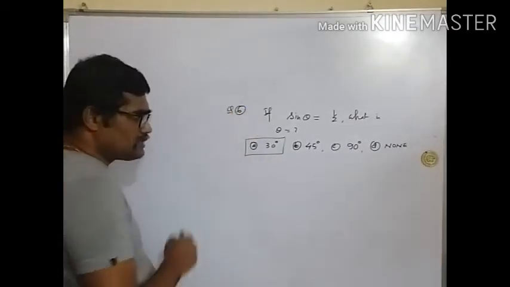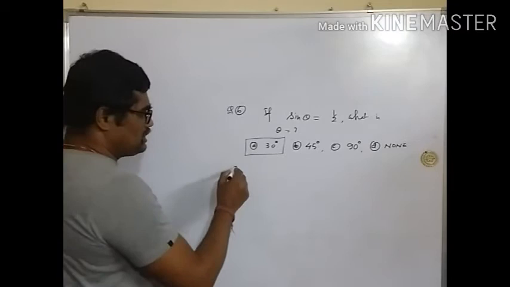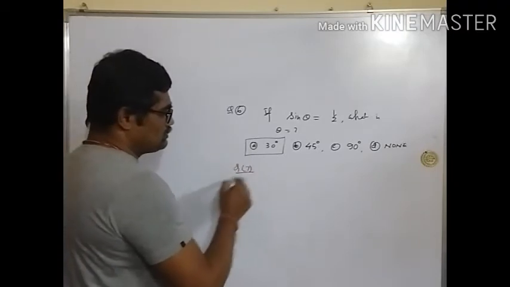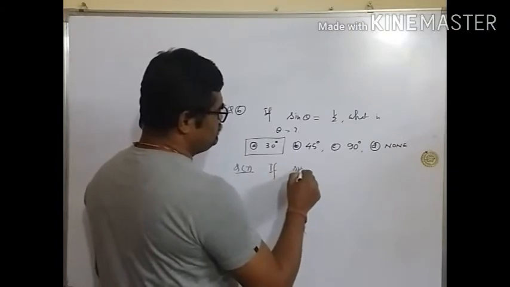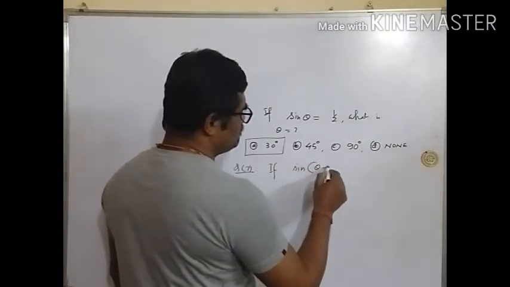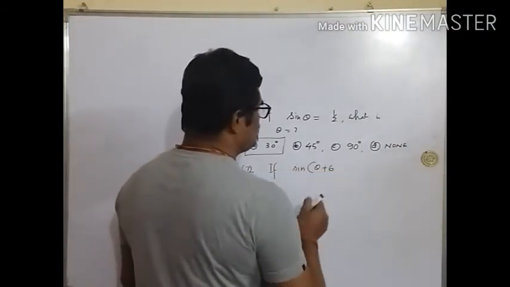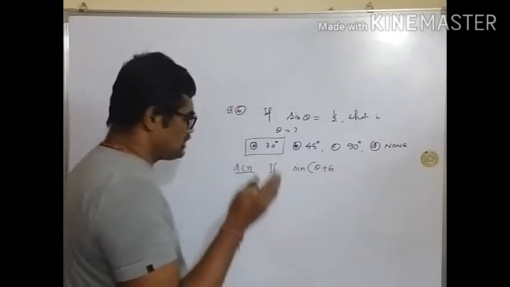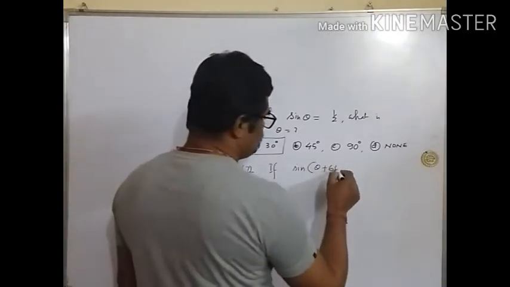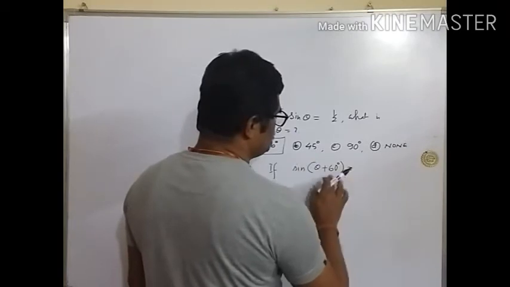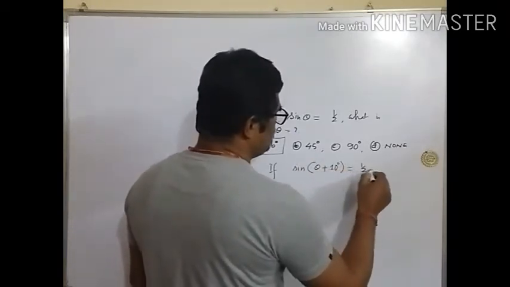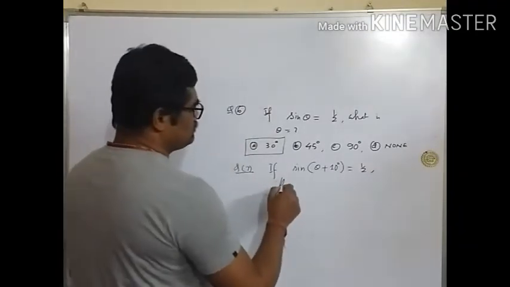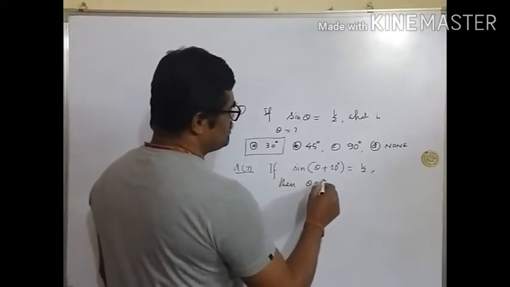But do not expect this type of problem. Expect the other one, right? If sine of theta plus 10 degree equal to half, then what is theta?